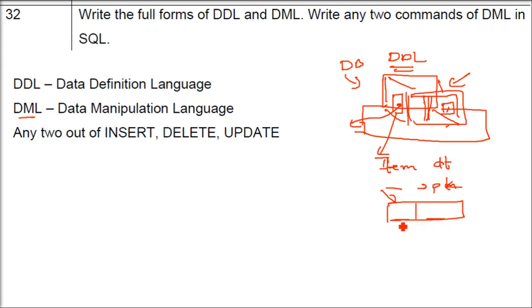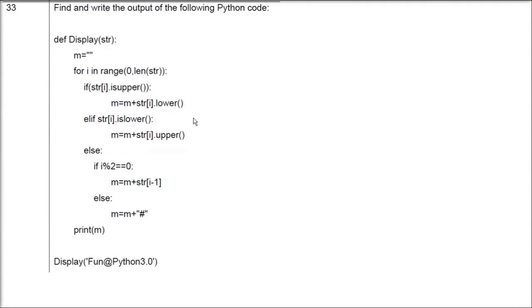You will add a row. Now, somebody has left the class or left your office, you have to delete it. So that will be DML. So insert, delete, update. Any 2 out of these you can use. Update means your mobile number has changed. You will update it. These are just manipulating the database, not the basic structure.